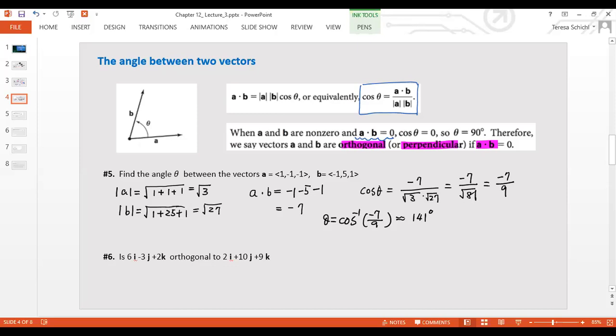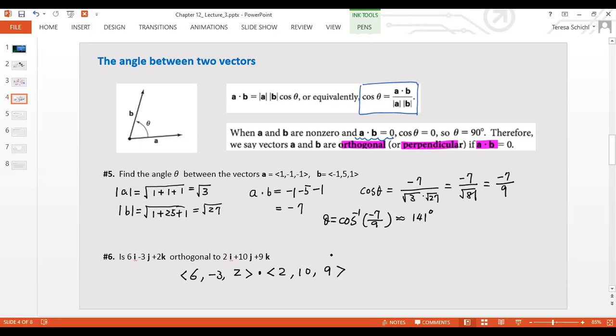The other one, problem number 6, they said, is this vector orthogonal to this vector or not? We know orthogonal means the dot product has to be equal to 0, right? So let's see what happens. This is 6, negative 3, 2, and we dot it with this vector, 2, 10, and 9.